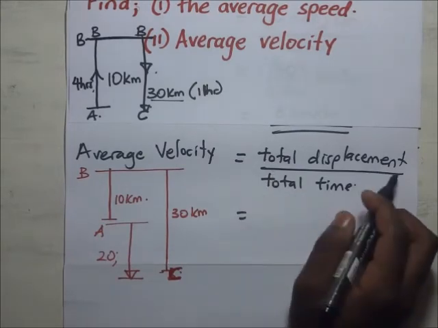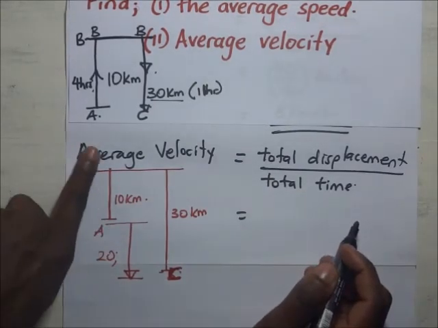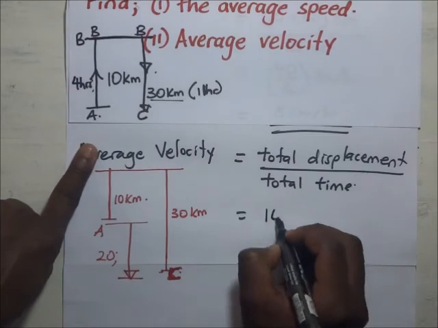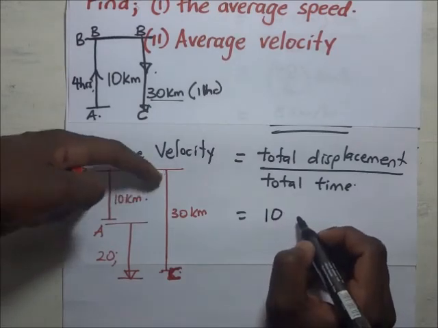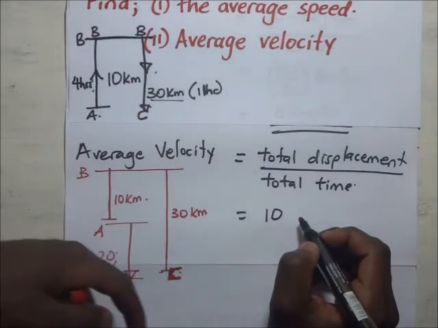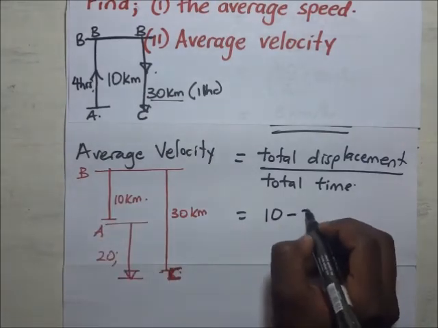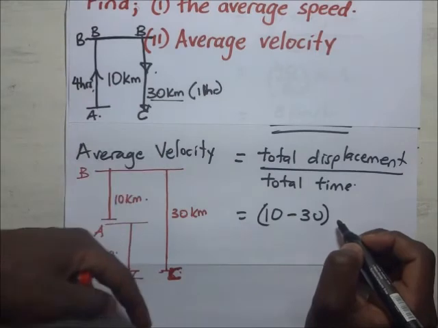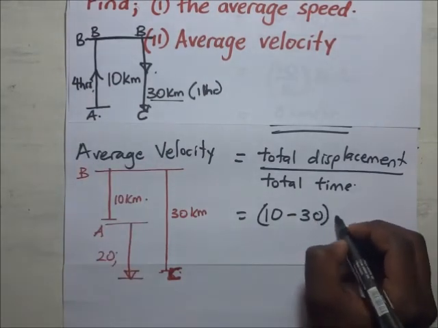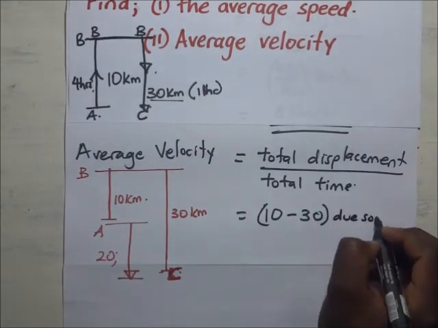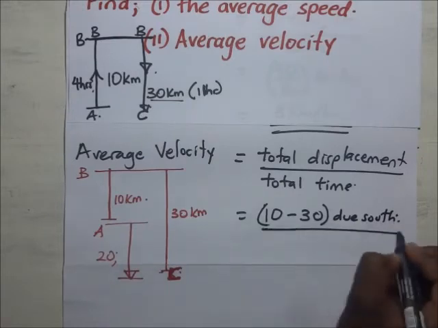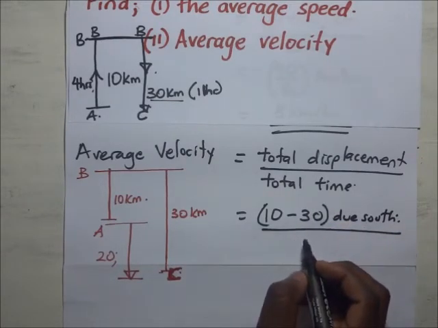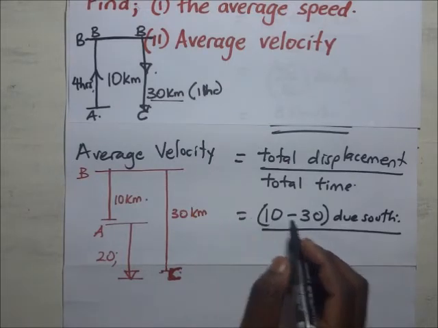So to calculate the total displacement, it's going to be 10 kilometers upwards. So we are going to call it 10 minus, because this 30 kilometers is in the opposite direction of 10. So it's going to be minus 30. And that definitely, the displacement is due south. Divide that by the total time taken. Now of course the total time taken is the same as before, which is 5 hours.